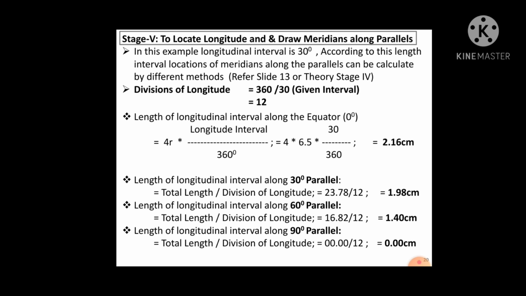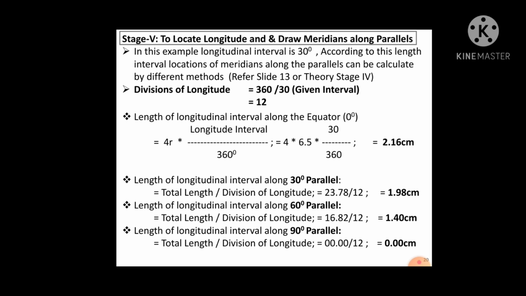So once you have got these answers, now you must take the distance, like 2.16 centimeter is the distance of the longitude along the parallel. It will remain the same. So you have to take that distance, 2.16 centimeter; you can take slightly more than 1 millimeter, or you can round it up and take 2.2 centimeter.